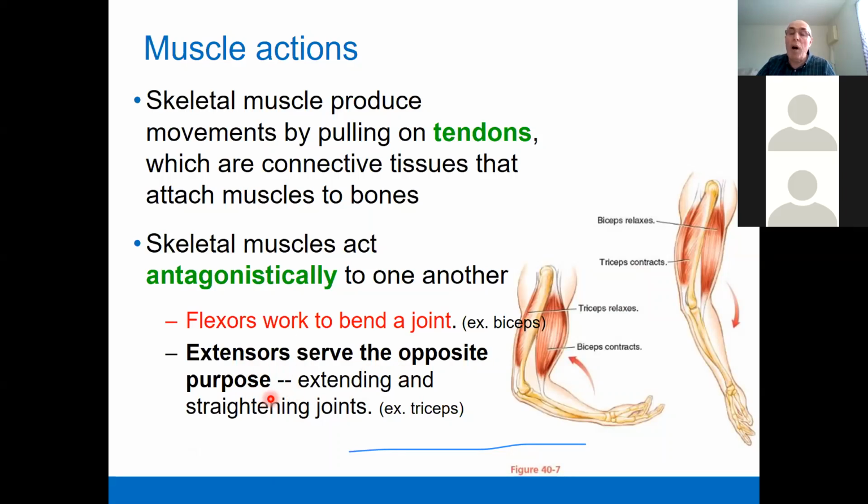Otherwise, what would happen when two of them contract at the same time? You can't get any movement, any motion. Therefore the antagonists should work antagonistically.